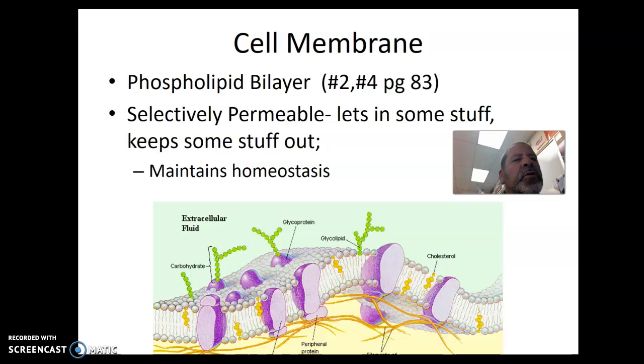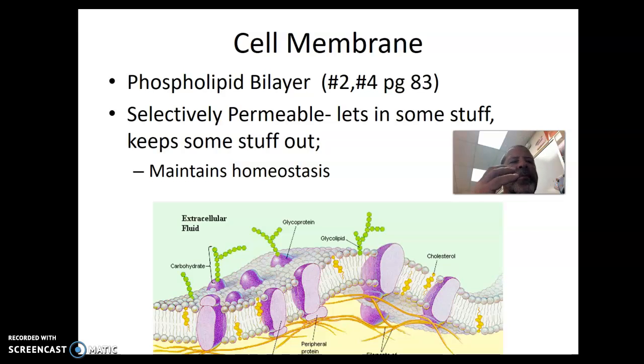The term that we use to describe the lipid bilayer is selectively permeable. It lets certain things through, things that the cell needs, and allows certain things to leave the cell. So in order for a cell to maintain homeostasis, it has to be able to take in what it needs, either through a process called endocytosis or through different proteins that are embedded all throughout the cell.